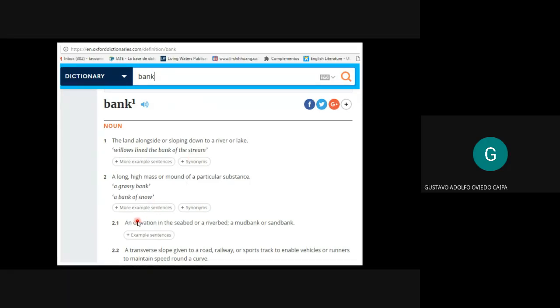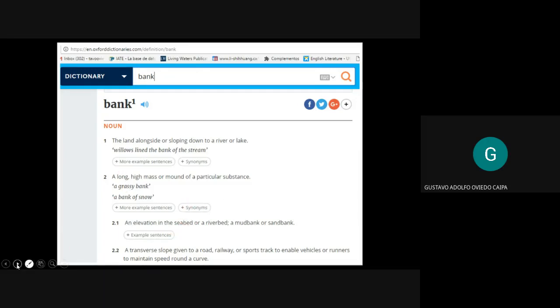Another one belonging to this one, an elevation in the seabed or a riverbed. So basically, related to rivers and water. Another one, a transverse slope given to a road, railway, or sports track to enable vehicles or runners to maintain speed round a curve. Basically shaped like a mound. That would be a bank.